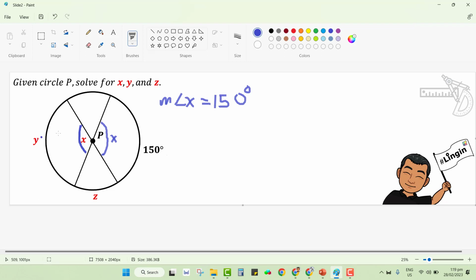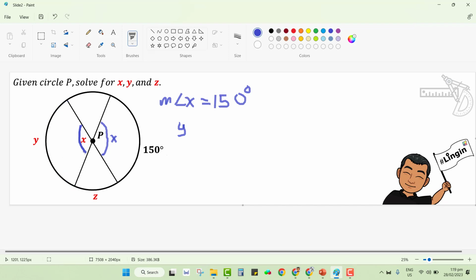For arc y, since we already know that this measures 150 degrees and this is also the same as that because they are vertical angles, this central angle is equal to the measurement of this intercepted arc.